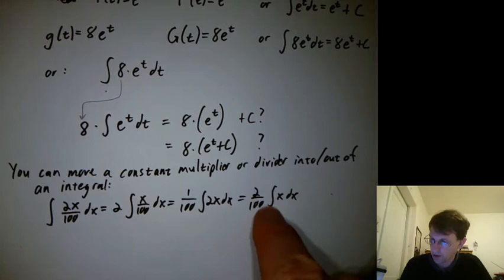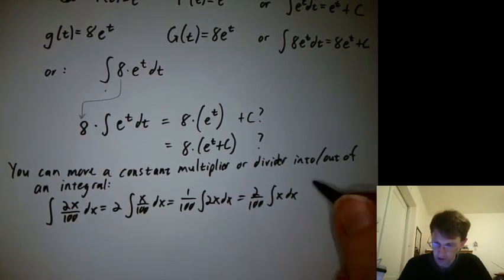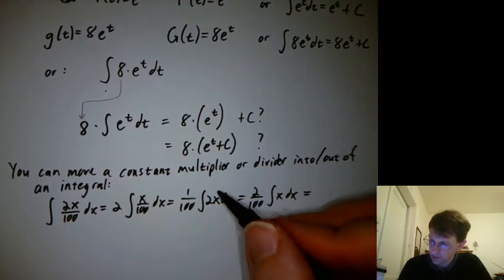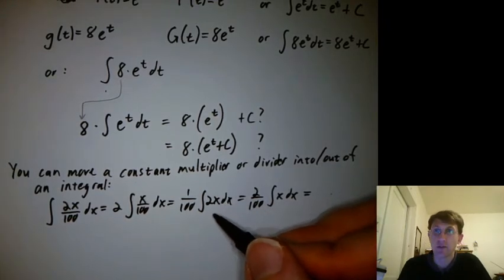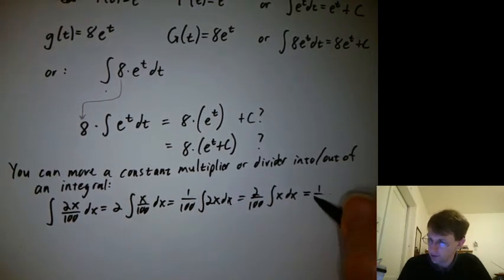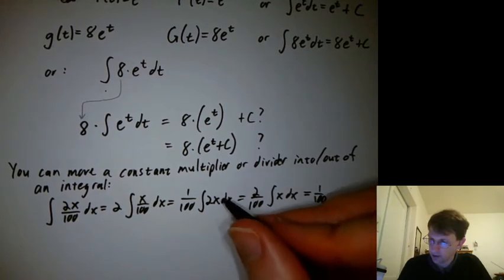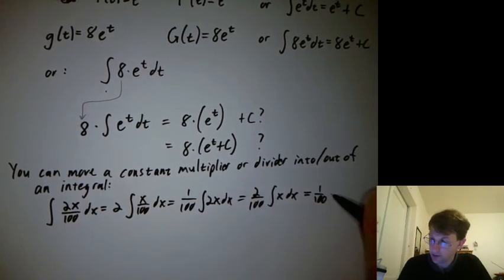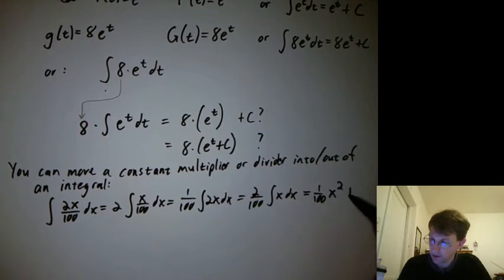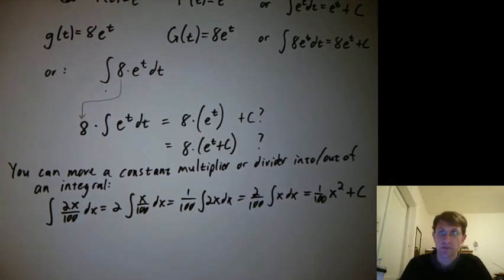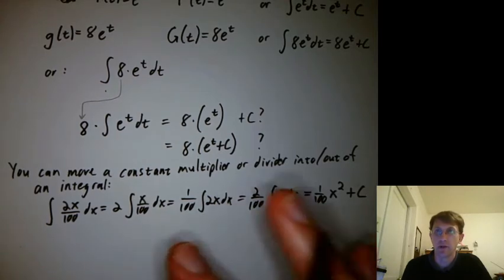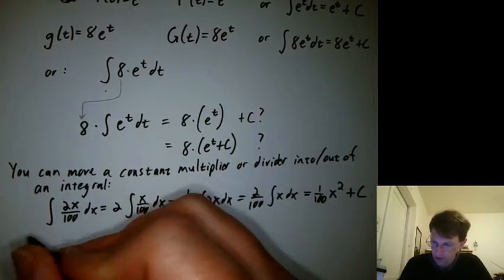Got to keep them on the appropriate side of the fraction bar, of course. And what is that integral? Well, maybe it's easiest from here. What's the antiderivative of 2x? Well, what function when I take the derivative gives me 2x? It would be x squared, and then plus c. So that works just the same as if we were doing derivatives, right?